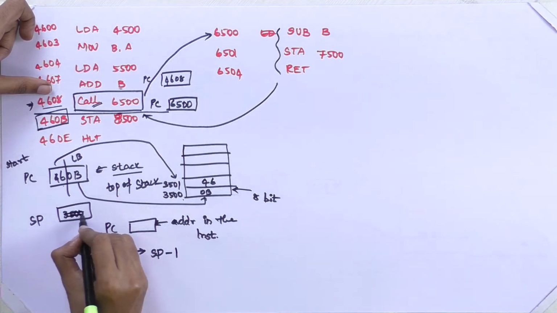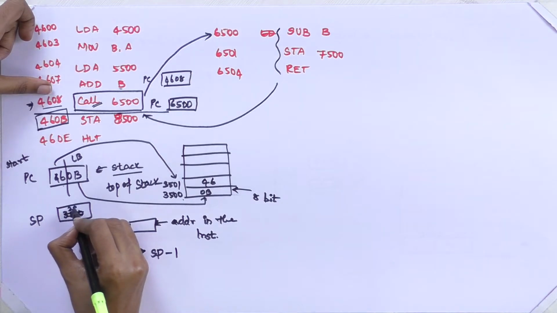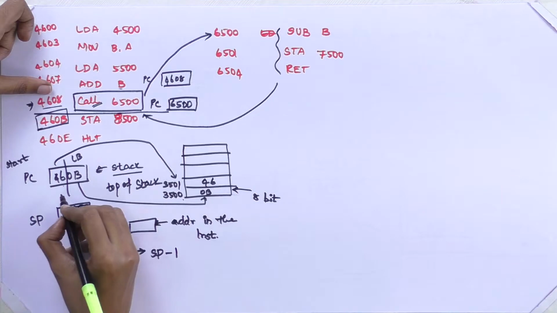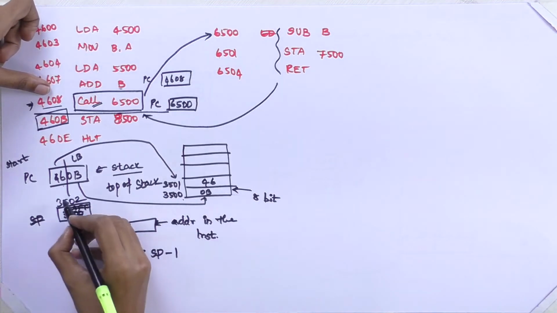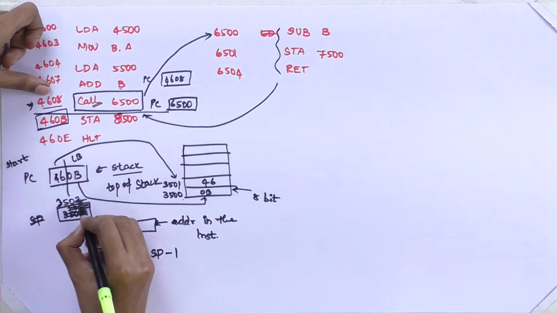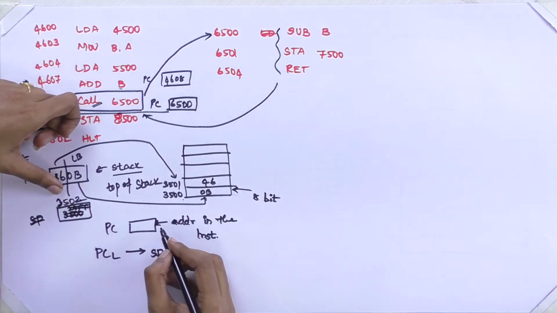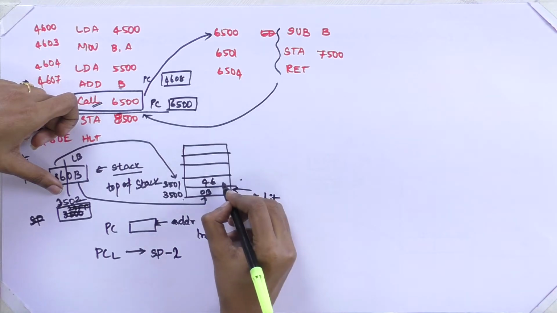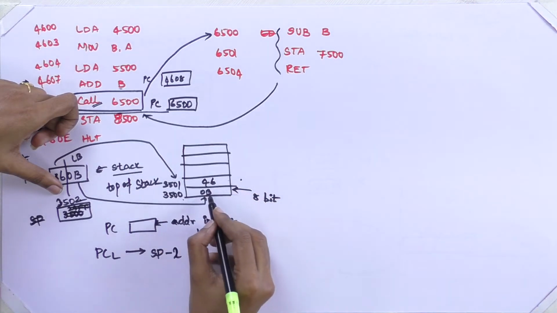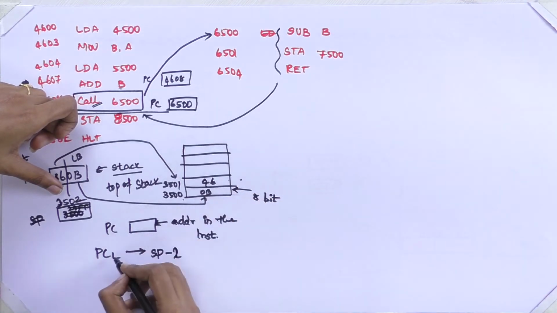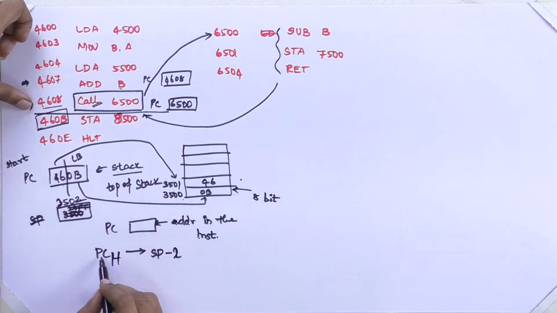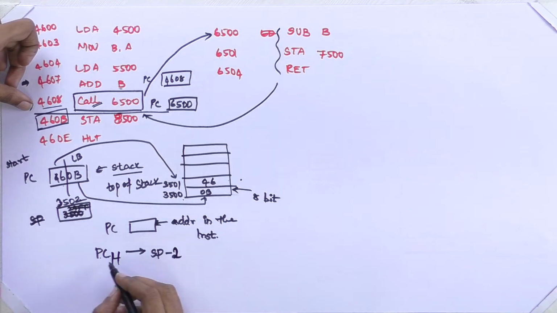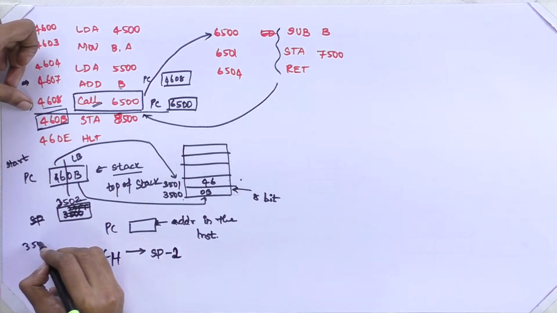Actually, I'm sorry, if my PC value is 3502, it will be decremented by 1, then the higher byte value will be stored, then minus 1 again and the lower byte value will be stored. So the PC's higher byte value will be stored at stack pointer minus 1, and the lower byte at stack pointer minus 2.